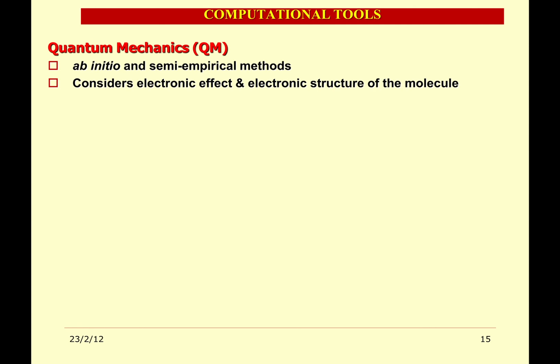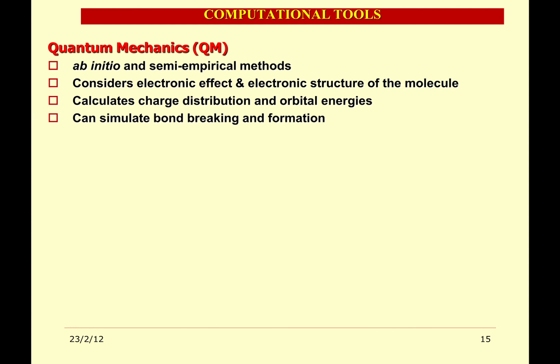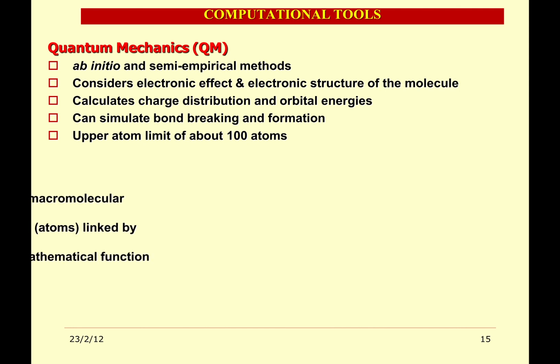The core of this is Schrodinger's equation, which exclusively considers the electronic effects, electron movements and electronic structure of the molecule, and tries to track their movements, calculate charge distribution and orbital energies, and simulate bond breaking and formation. However, it is so extensive that its upper limit is about 100 atoms.